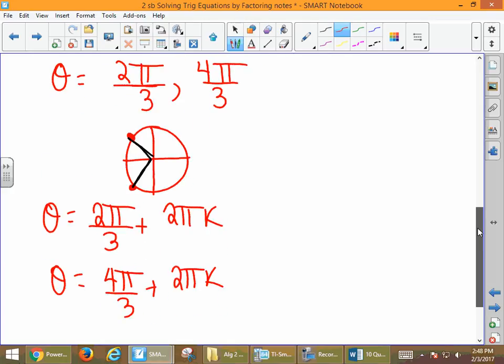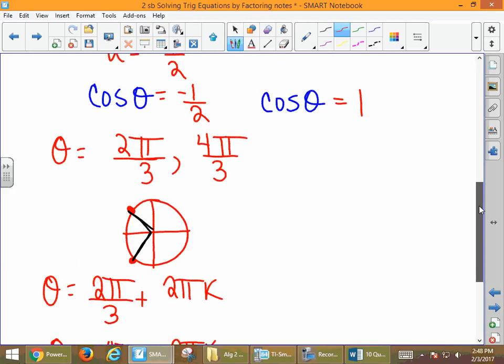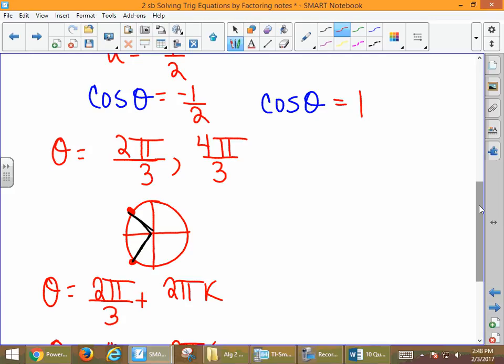But that was just one of our factors. Remember, we had cosine of theta equals negative 1/2. But we also have cosine of theta equals 1. So when we think about that on our unit circle, the angle where cosine is 1 is at 0.